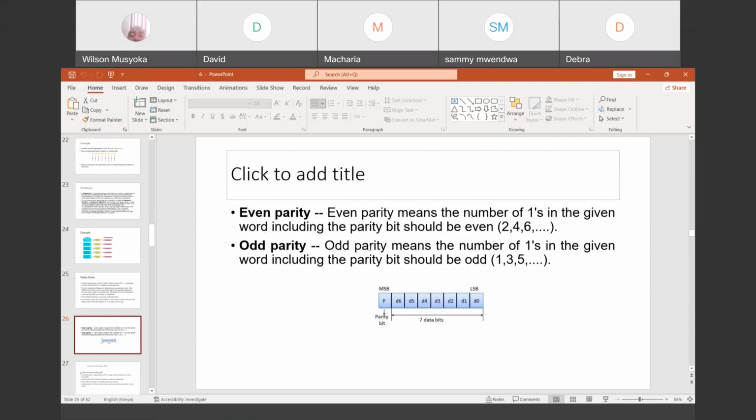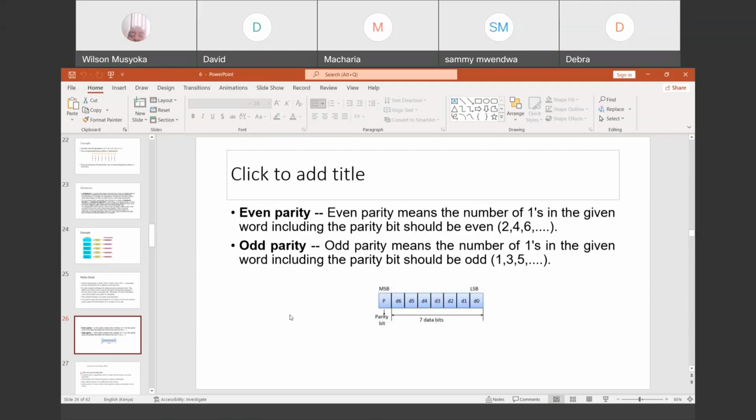Odd parity means that the number of ones in the given word, including the parity, should be odd. And this is done by addition. So when you add the bits, you can get either an even number or an odd number. And that is what you will counter check with when you get to the destination.